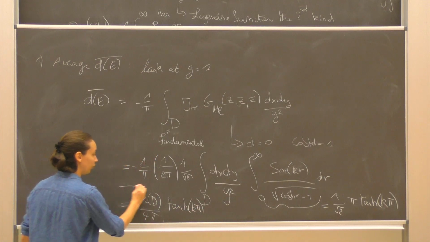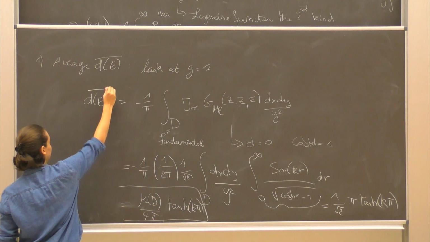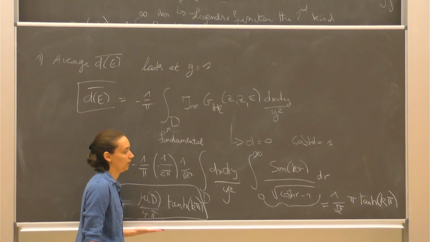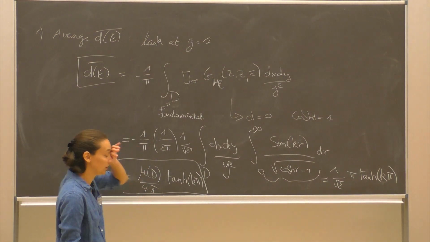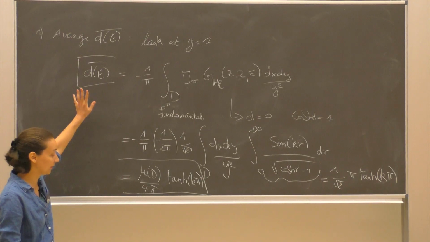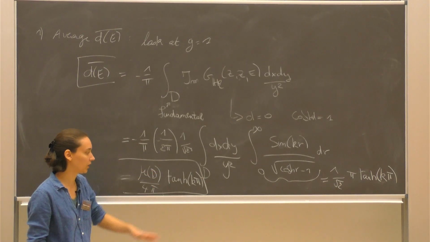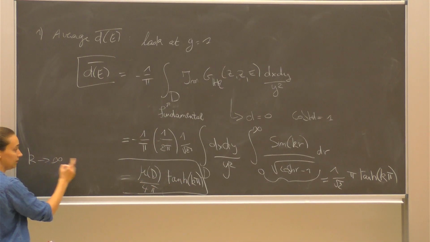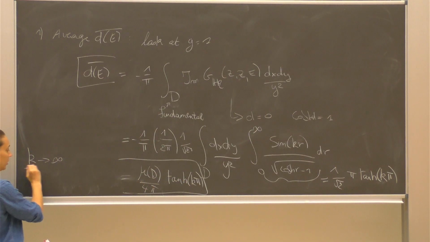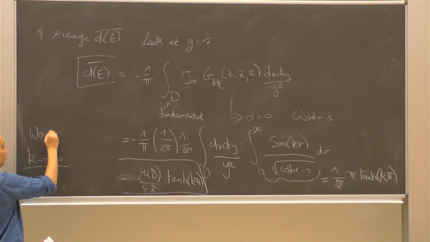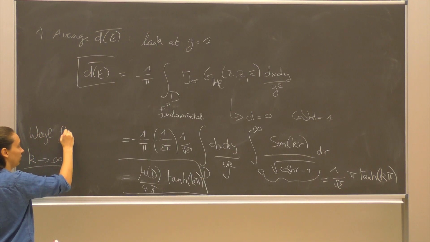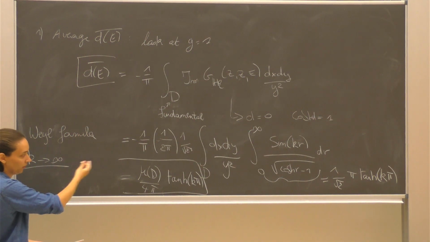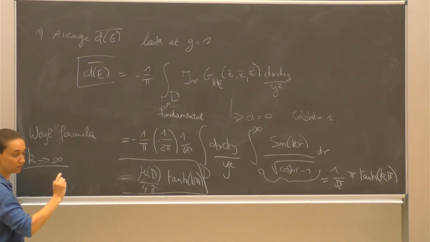Okay, so this formula, if you've ever seen or worked with the average density of states of billiards, is a very common formula. Whenever you send k to infinity, this tangent goes to 1, and you recover what is called the Weyl formula, which describes in the semi-classical limit the average density of states, or at least the first contribution to it.